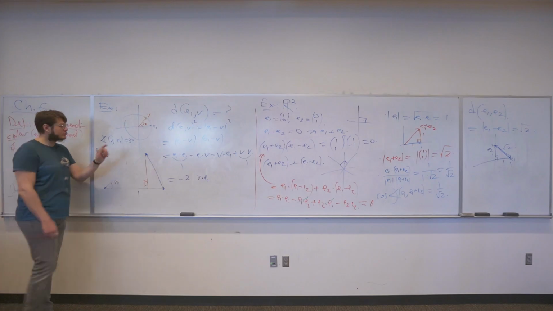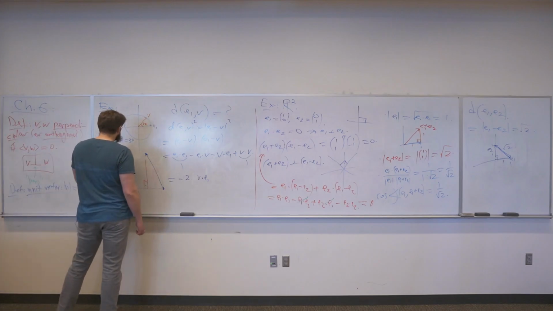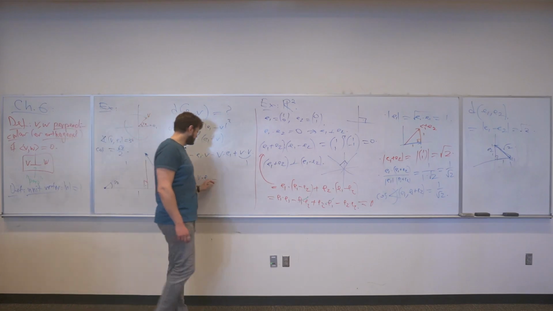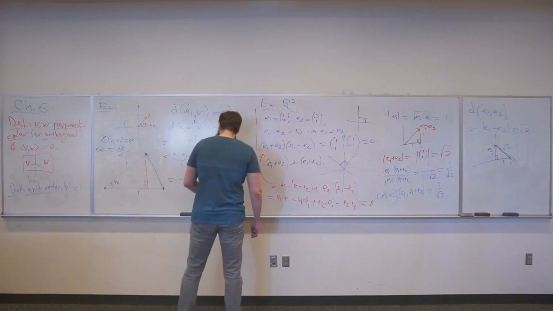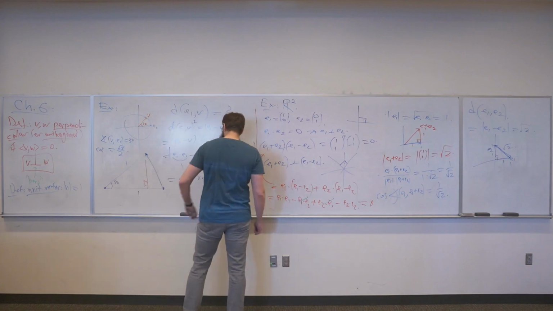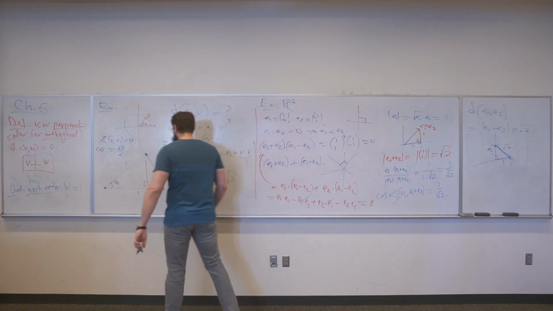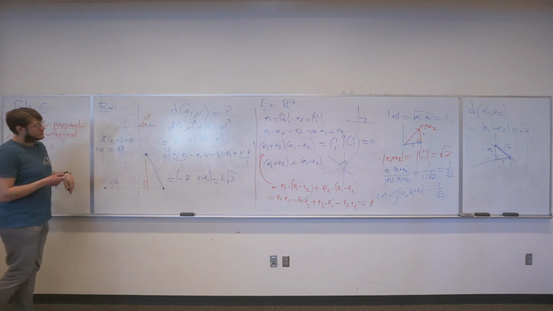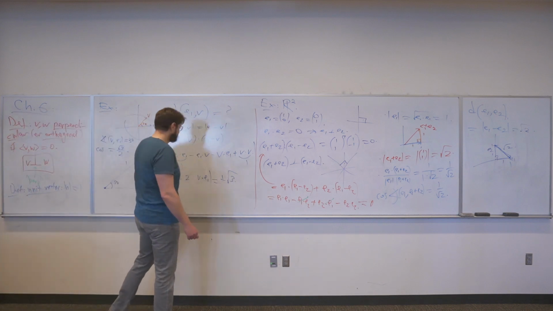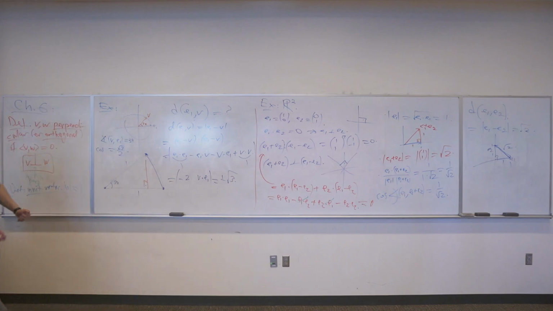No, it should be √3/2. But this should be the same thing as this, which means this should be minus √3. But of course, in order for this to be positive, I need to take the absolute values here, so that this is plus √3. And I don't need to look at these anymore. Okay. Good.